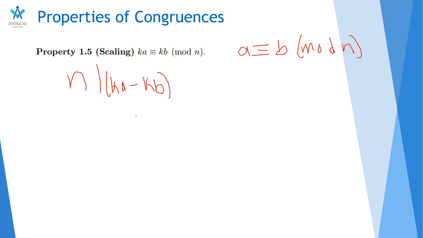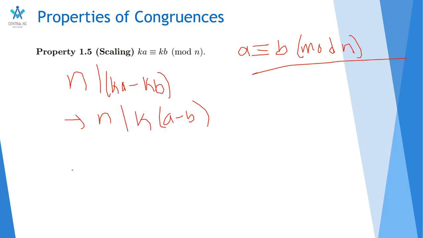Well, we can factor out a k here, which gives us n divides k times (A minus B). Well, we clearly know that from this congruence over here. So this is proven.